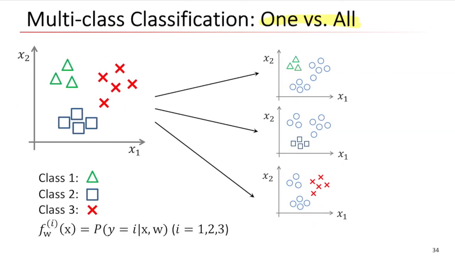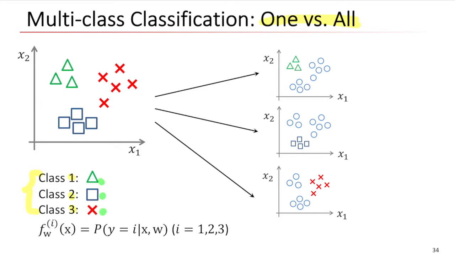What does that mean? What is the one versus all technique? Let's say there are three classes, class 1, class 2, class 3. So this means class 1, this means class 2, this means class 3. Okay?